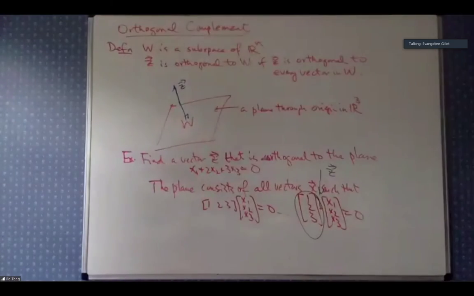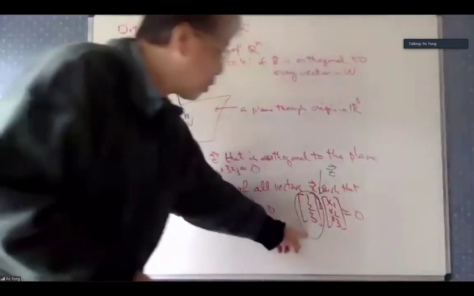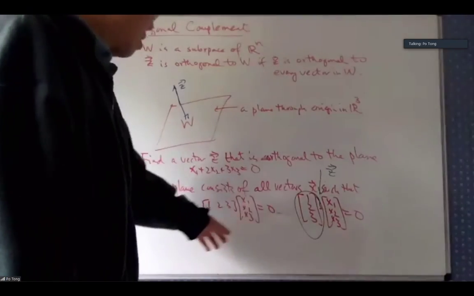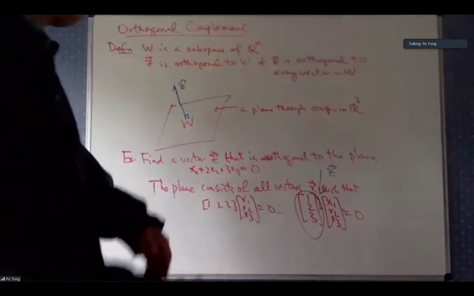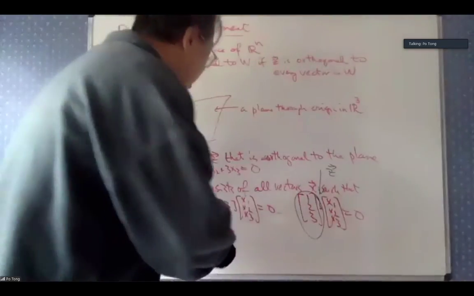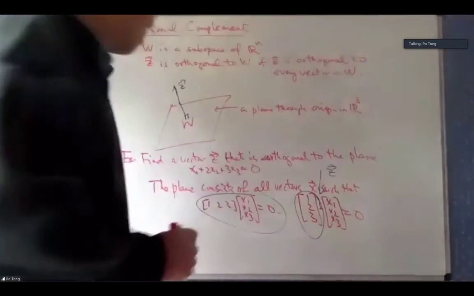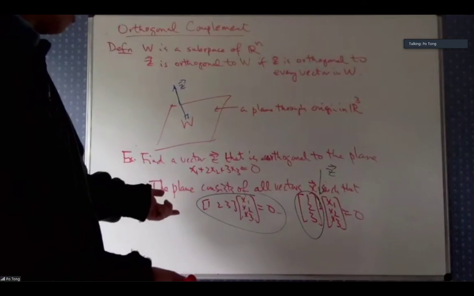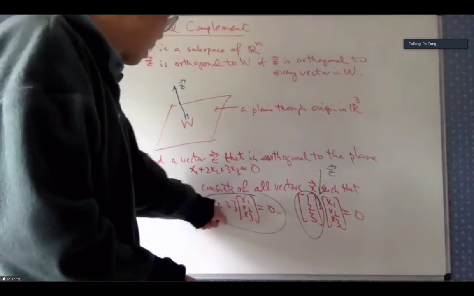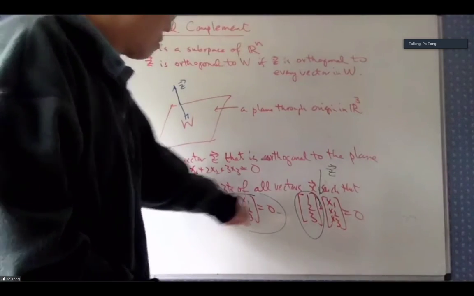This is the vector that's perpendicular to every vector in the plane. We're talking about the vector that is perpendicular to the solution set of this equation. But how do I describe the solution set? The solution set is perpendicular to this guy. So this is my Z.